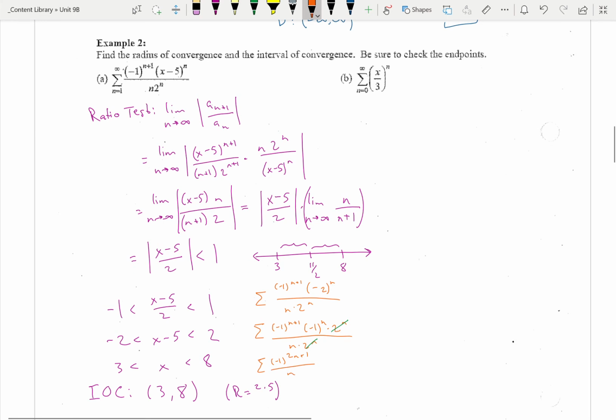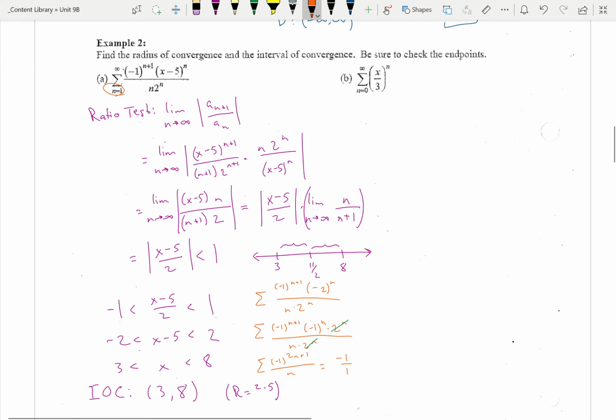And as we look at this, we're going to hopefully recognize this as perhaps an alternating harmonic series. But when in doubt, expand it out, and let's see what happens. We're going to start with n equals 1, and n equals 1 is going to give us, let's see, our exponent is going to be 2 plus 1 is 3, so it'll be negative 1 over 1.